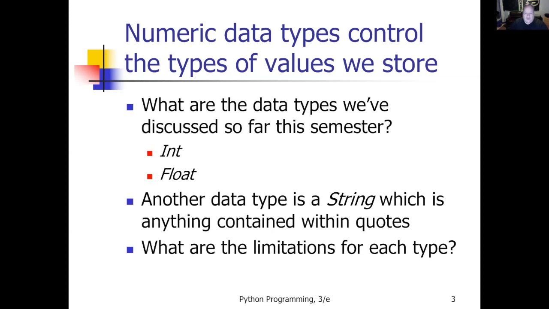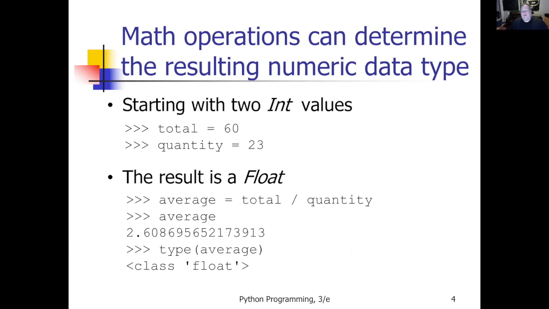But for now, let's talk about the limitations and controls that are on us when working with things like integers and floats. So what if I have two integer values, total equals 60 and quantity equals 23. My average would be total divided by quantity, right? I say average equals total divided by quantity, and then I ask Python to tell me what's in the average variable.